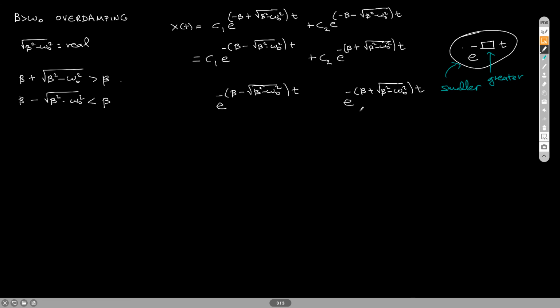All right. So as I said, this will be greater than that, which means the whole thing, the second term, will be smaller than the first term. This means as time increases, as time goes by, the second term will become smaller and smaller compared to that, which means this will die out first.